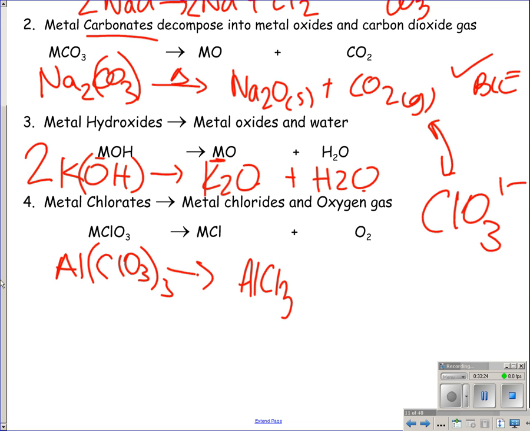I can give you any metal in the world and put it as a metal, let's say, titanium hydroxide, or iron carbonate, or mercury chlorate. I'm telling you how to do the formulas based on these generic formulas. So I'm choosing aluminum in this case for what M stands for. So then in this M, I'm saying aluminum chloride from the MCl here. That M is a fake metal. You get to choose in this case, yeah.